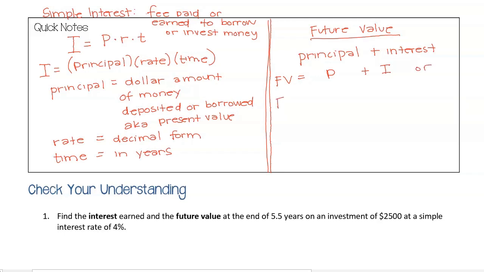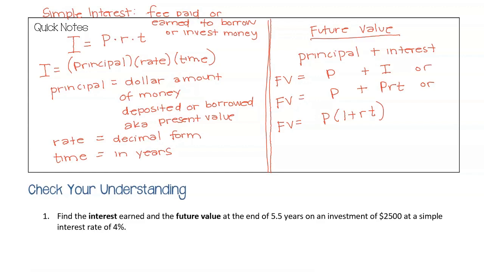Or we can write it as principal plus, now the formula for interest is PRT, so instead of writing I, I'm going to put in PRT. Or there's one more way you could write this, and that is going to be P times the quantity 1 plus R times T. And the way I pick which formula I'm going to use is just based on the problem.